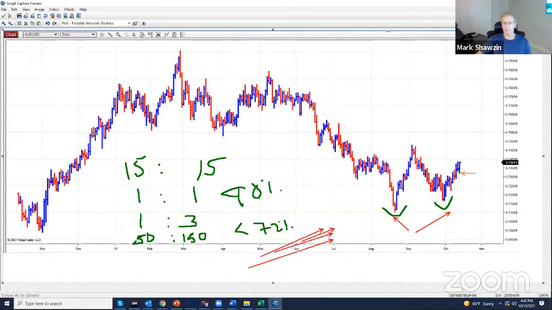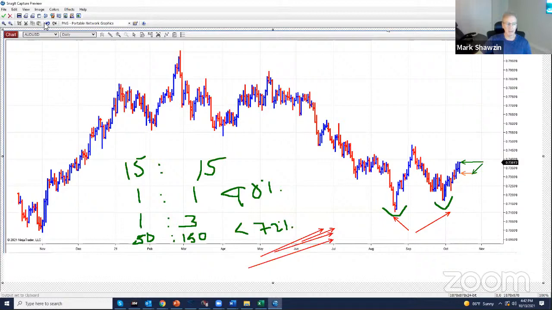So I would buy it here at 73.87 or what have you. I'd put a buy stop slightly above today's high, wait for it to confirm. And I would put my sell stop right down there. And we did risk management.